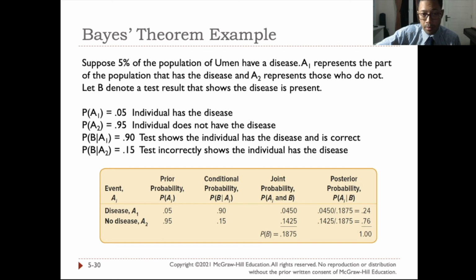The posterior probability is going to be the probability of A1 conditional on B, and the probability of A2 conditional on B. The probability of A1 conditional on B is just going to be the probability of A1 and B divided by the probability of B, which is 0.24. The probability of A2 conditional on B is going to be the probability of A2 and B divided by the probability of B, which is 0.76.